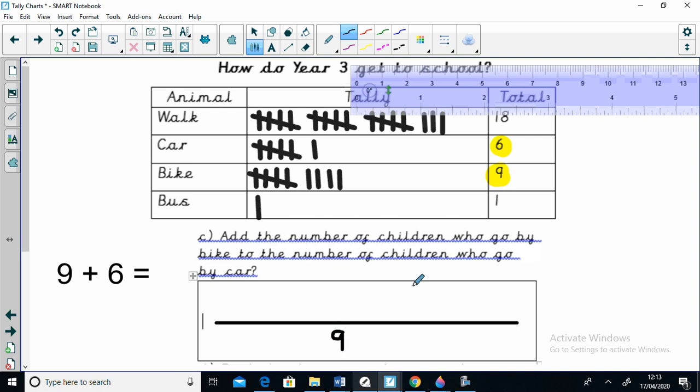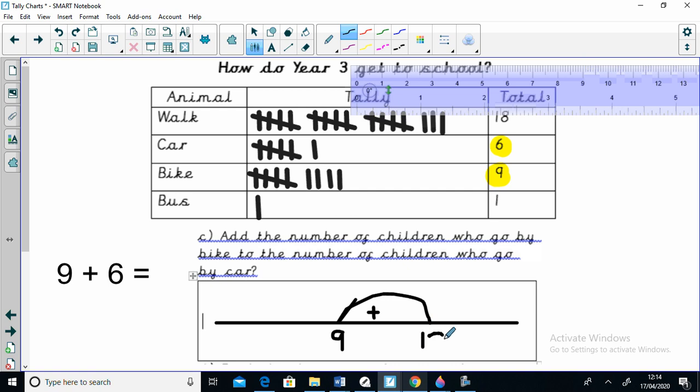With the bridging through 10 method, what do I have to add on to 9 to get up to 10?